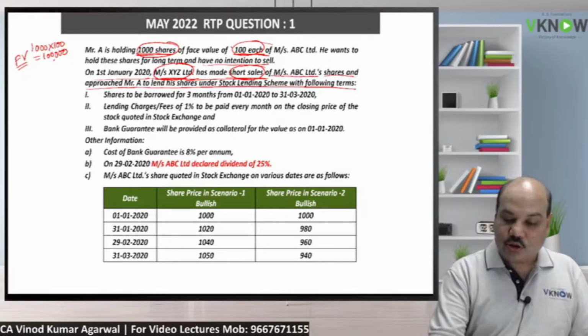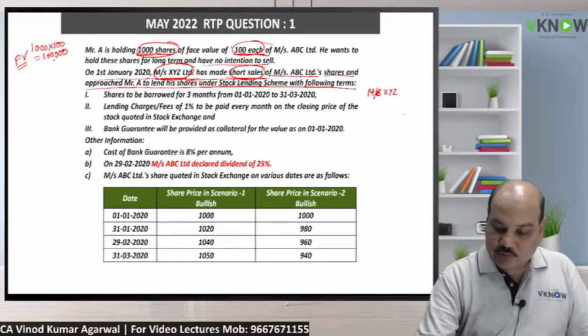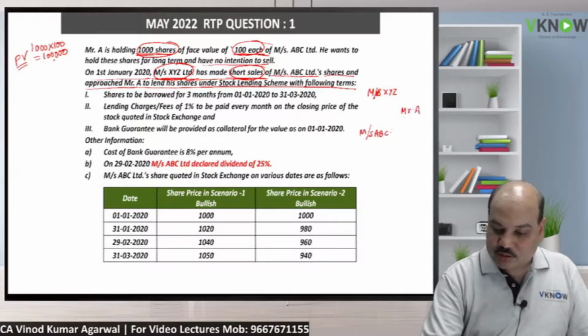So what is short sale? We have covered in the class. There is a party, Messrs. XYZ, there is a party, Mr. A, and there is a company, Messrs. ABC Limited.